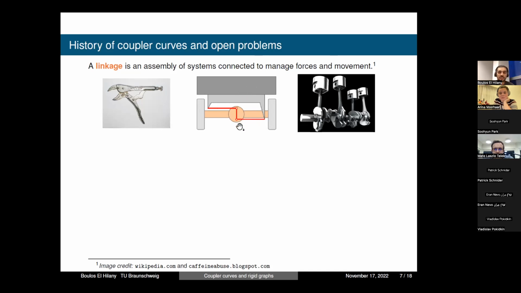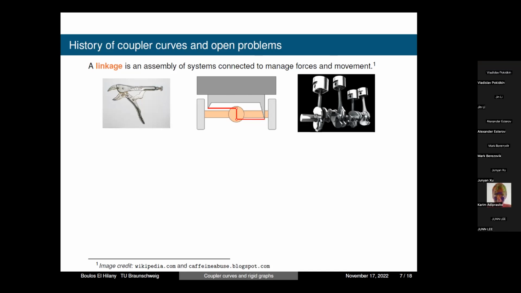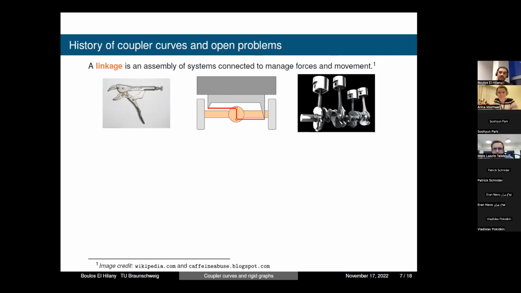But actually, if we remove some of the restrictions, this would give me a sextic, where at this location it has a vertical tangent. So with those small movements, the movement is almost linear. But this is a linkage in the same sense that the coupler curves are linkages.